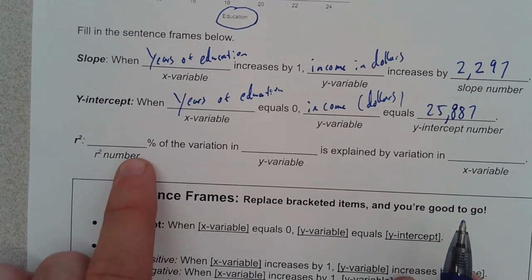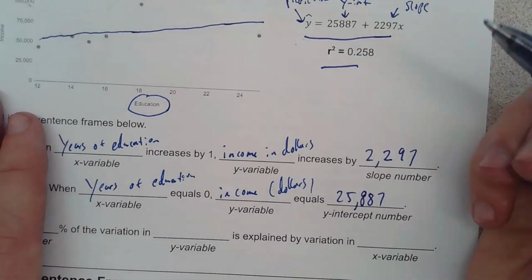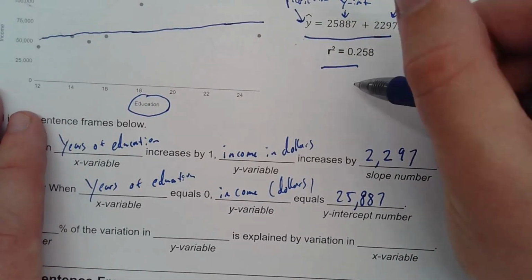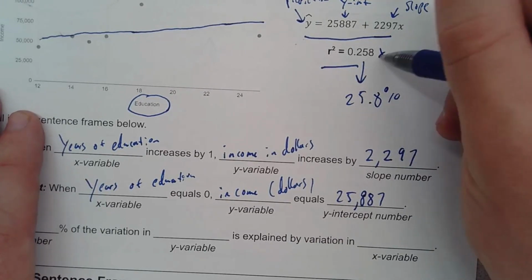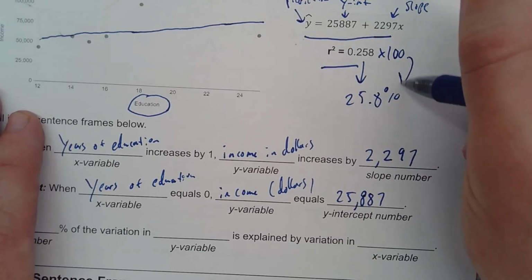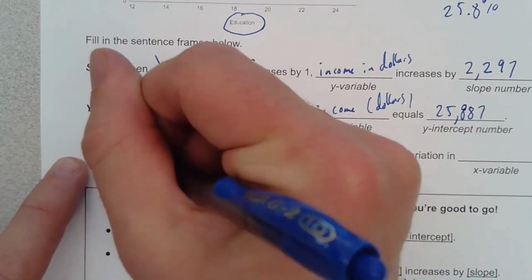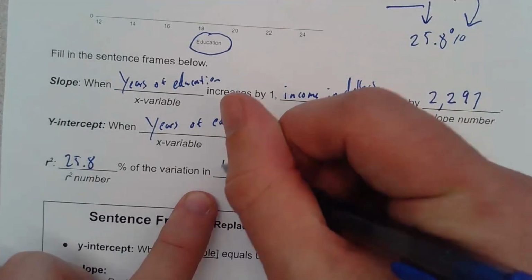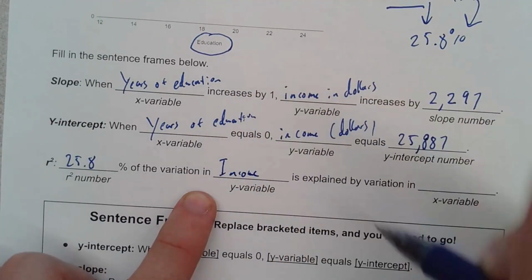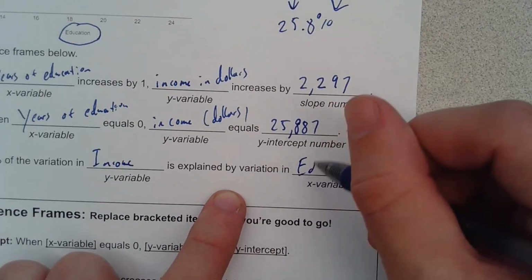R squared. So my R squared value is 0.258. As a percentage, that's 25.8%. Remember, if you multiply that by 100, that gets you the percentage. So this means 25.8% of the variation in income is explained by the variation in education.